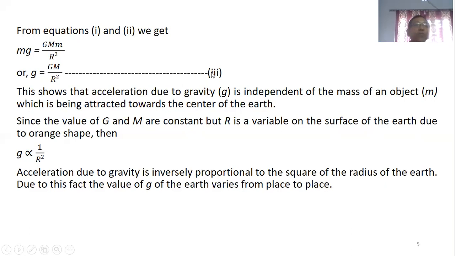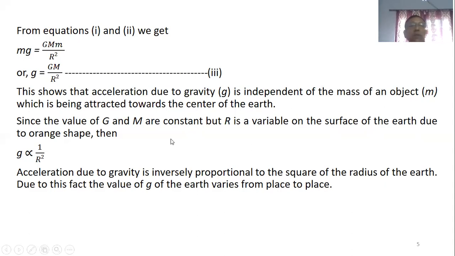equation 3. This shows that the acceleration due to gravity g is independent of the mass of the object m, which is being attracted towards the center of the Earth.